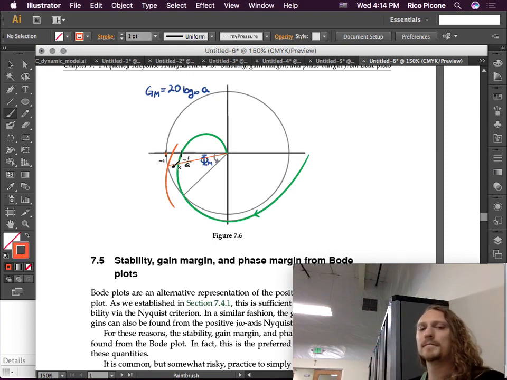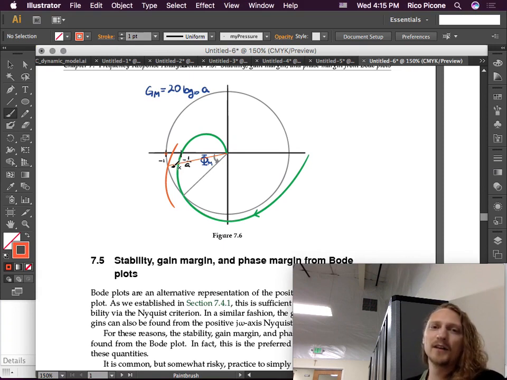So is that telling you anything that the gain margin doesn't tell you? They're related but independent quantities. The gain margin is a little bit easier to interpret as far as a physical quantity, because you increase the gain and then you can either be stable or unstable.